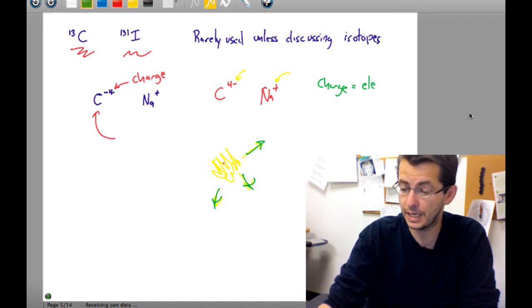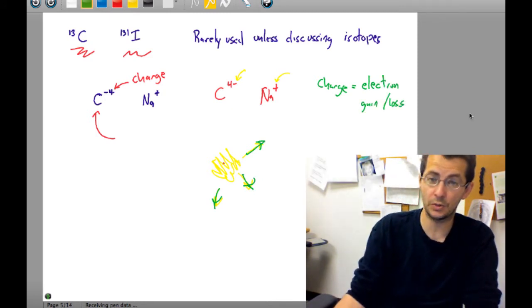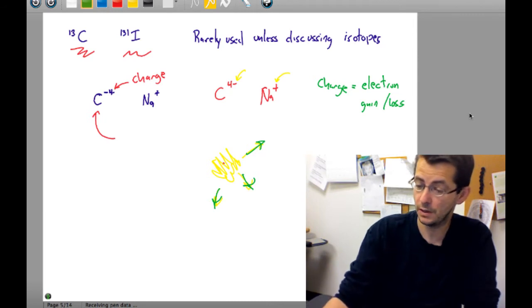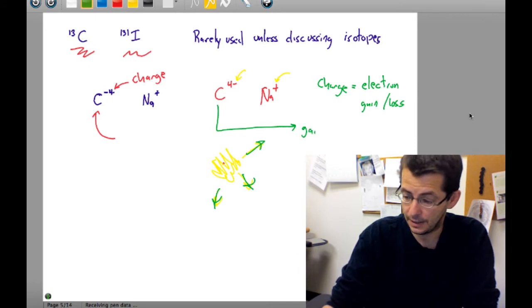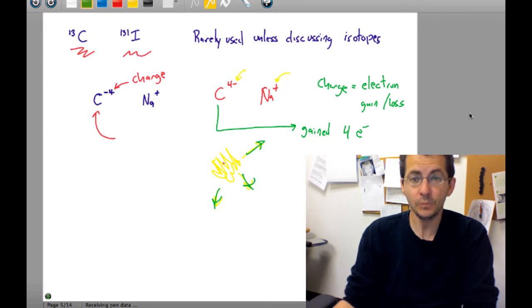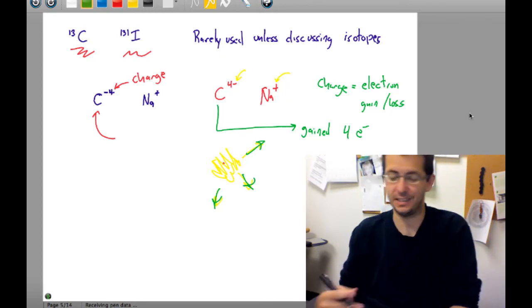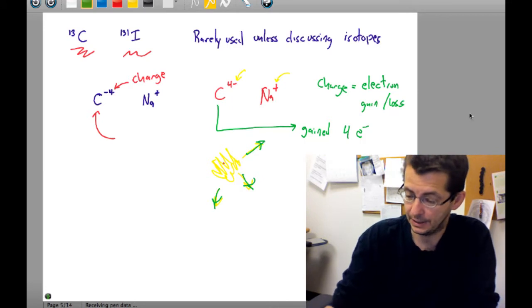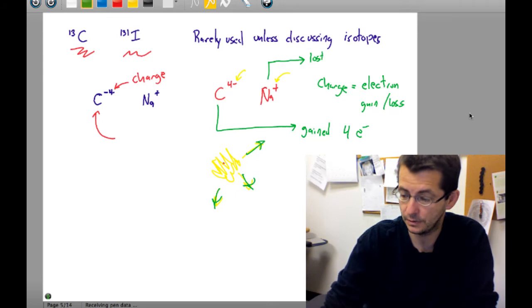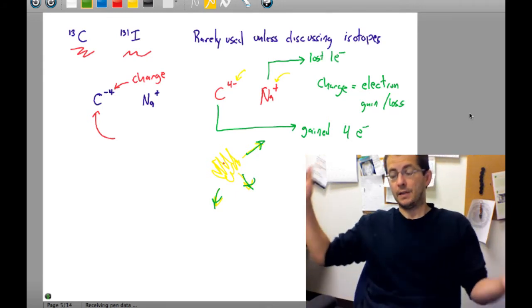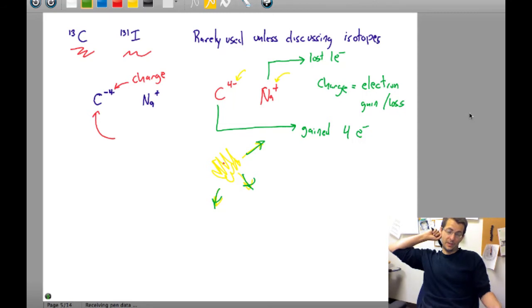Now, of course, in chemistry's long tradition of confusing students, a carbon that has a -4 implies that it has gained 4 electrons. There are 4 extra negative charges. The sodium ion, on the other hand, Na+, implies that it has lost 1 electron. So gain or loss of electrons is the unit of charge that we're dealing with.